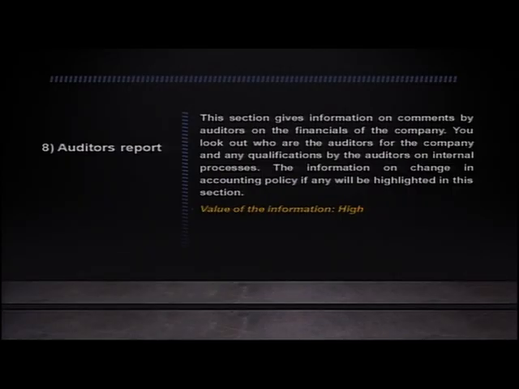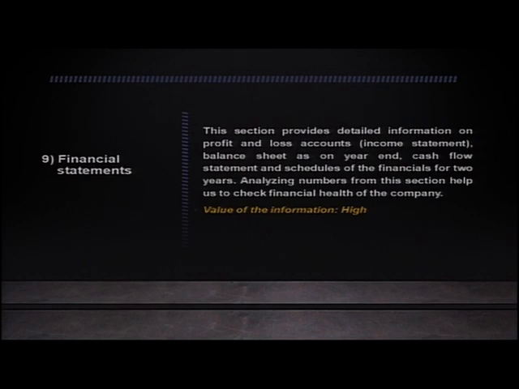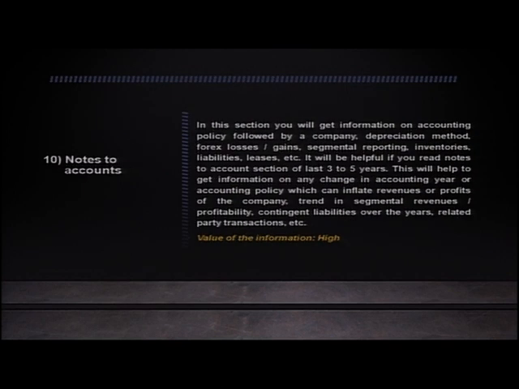Moving further, you have the auditor's report, and I would want to take the next three sections together, which is the auditor's report, the financial statements, and notes to accounts. Now, these three, I would say, comprise 60% of an annual report, which is the GAAP information, the information about the financial results of the company.